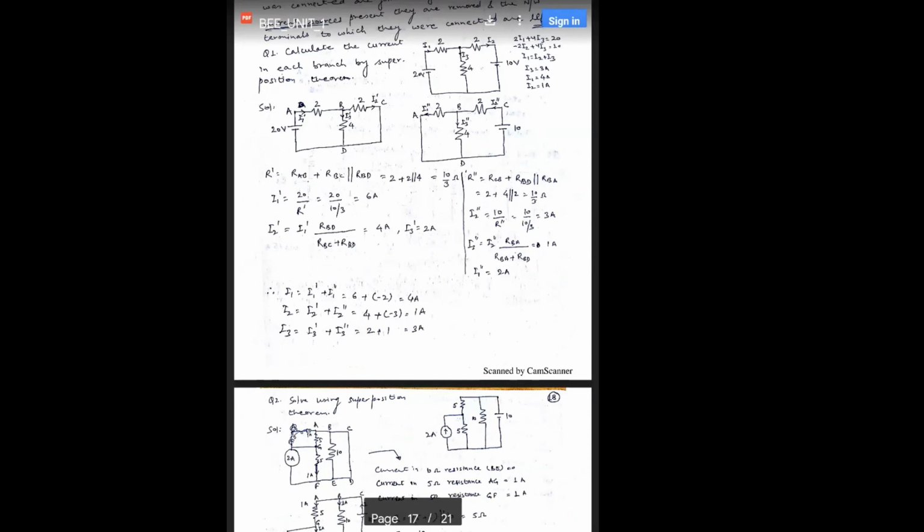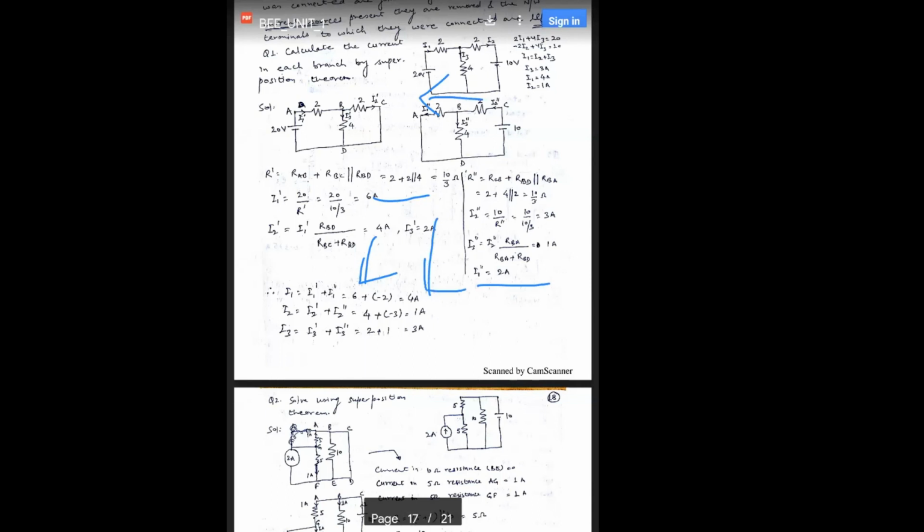So here the I1 current was from LHS to RHS and its magnitude was 6 ampere. So we have written here 6 ampere. And here the I1 current in the second circuit was from RHS to LHS, 2 ampere. So the vector addition becomes 6 minus 2, 4.